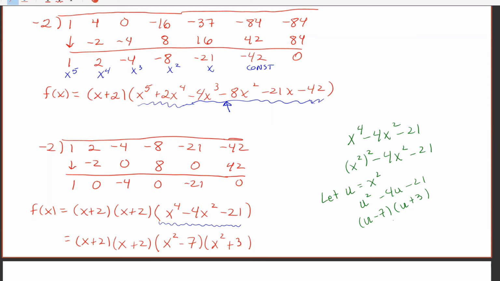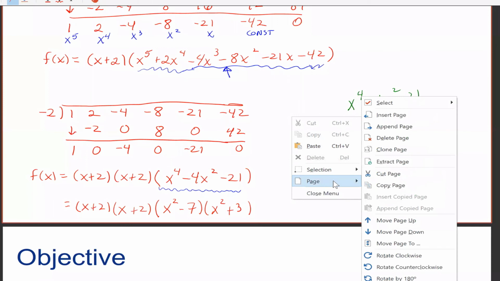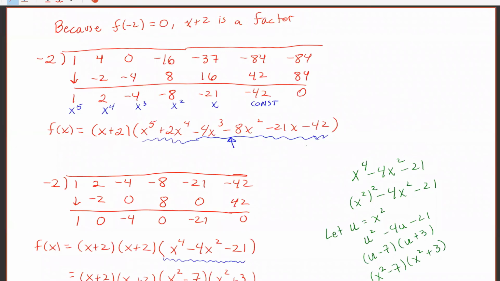But we don't want to know this factored in terms of u. We want to know it factored in terms of x. So I put x back in, x squared minus 7 and x squared plus 3, like so. So all the stuff that we need you to remember from those other courses is starting to pop into play here.